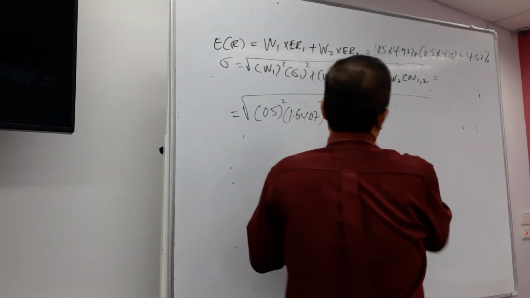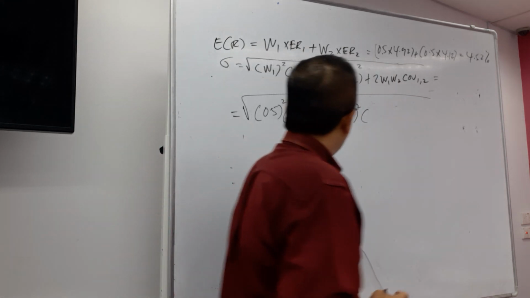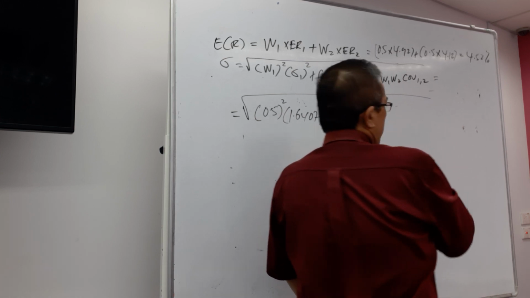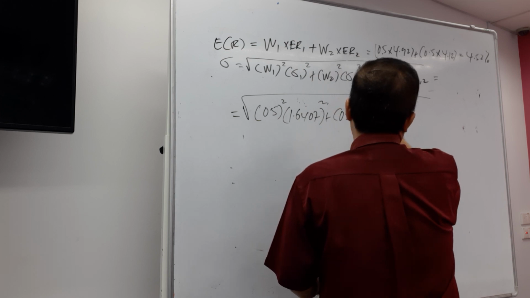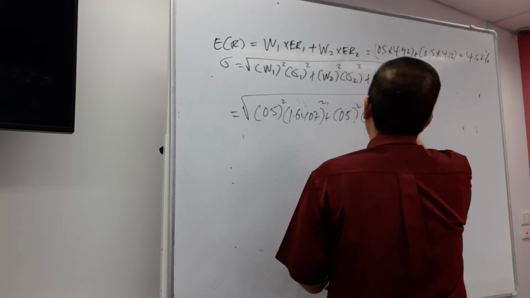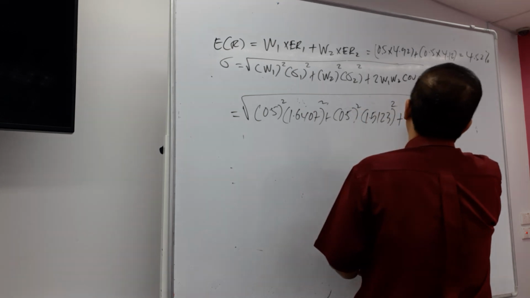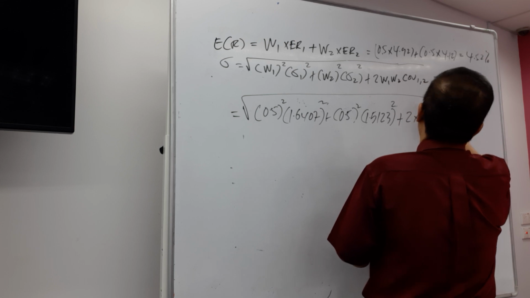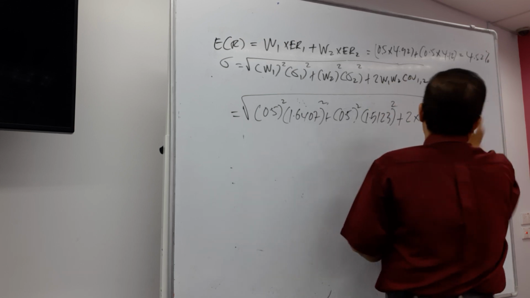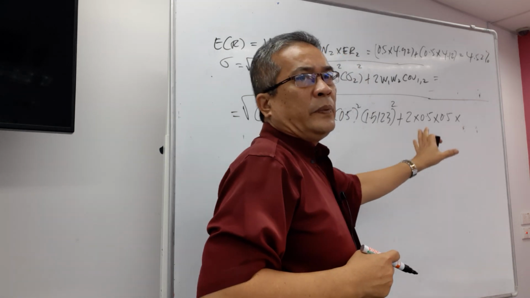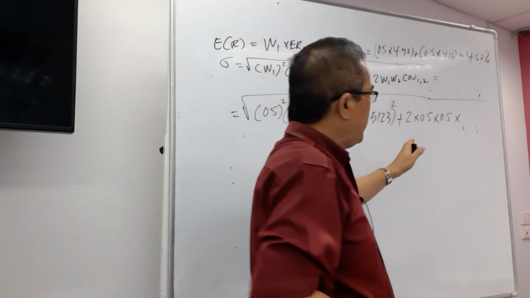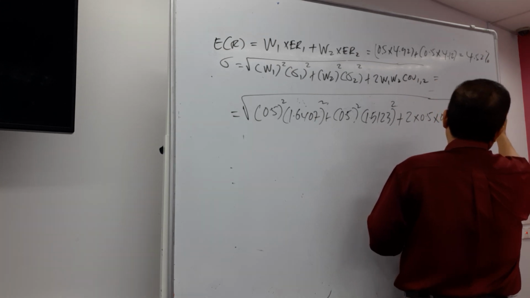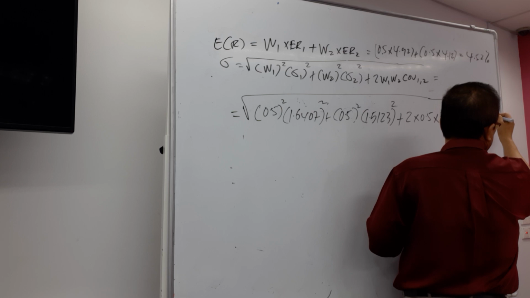And what is the standard deviation of Corellis? 1.5123 to the power of 2, plus 2 multiplied by 0.5 (W1) multiplied by 0.5 (W2) multiplied by the covariance that we got just now, negative 0.163.